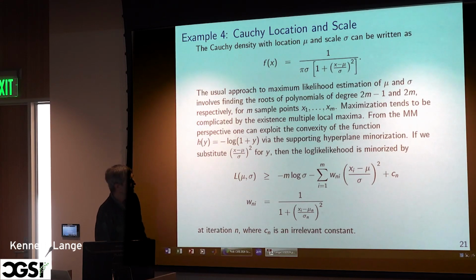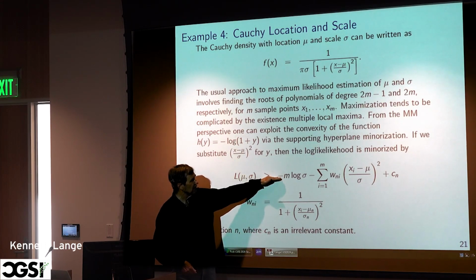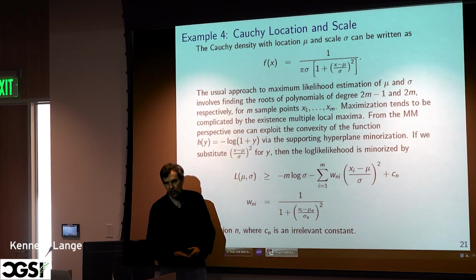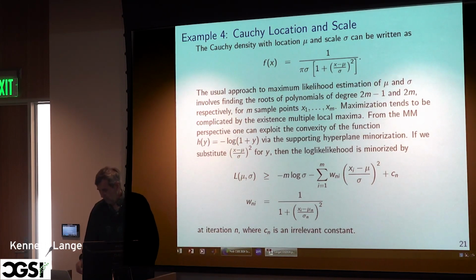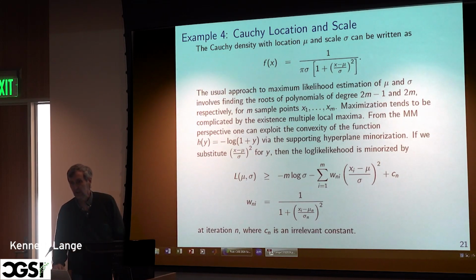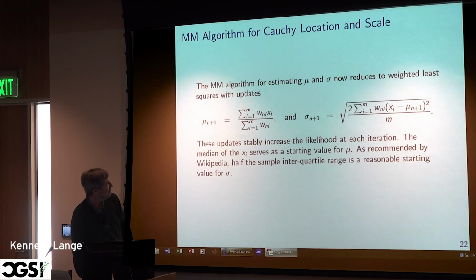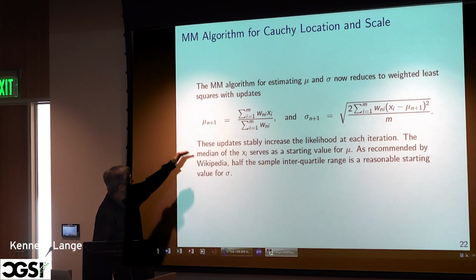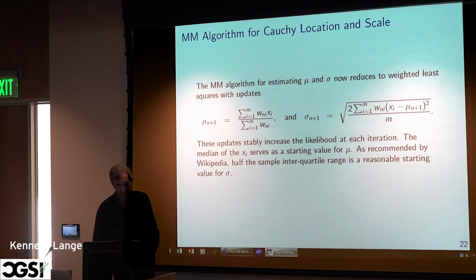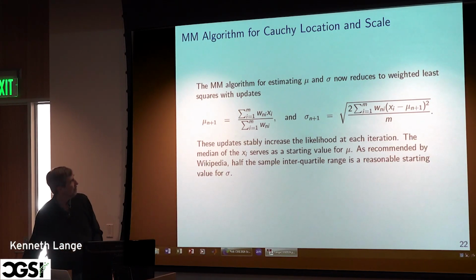Now, this is nice because this is exactly the form on the right that you see when you're estimating the mean and variance of a Gaussian distribution. It's weighted least squares. So the solution, the location, is a convex combination of the sample points, and you can solve for the variance as the square of that square root.